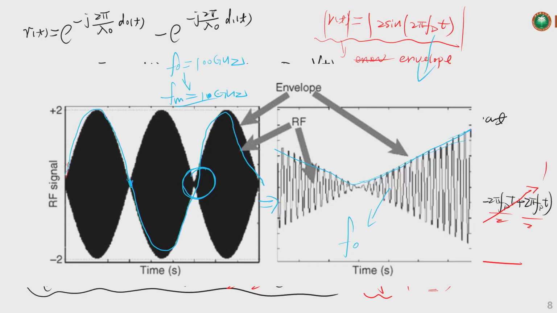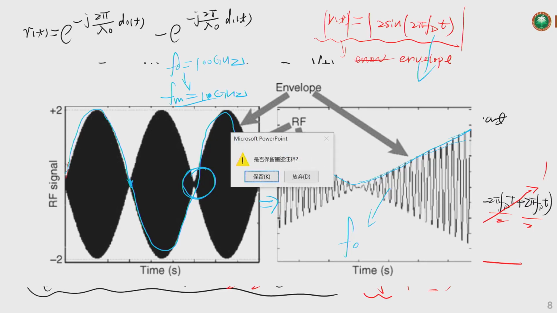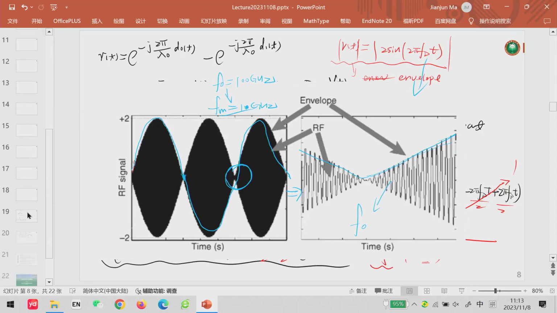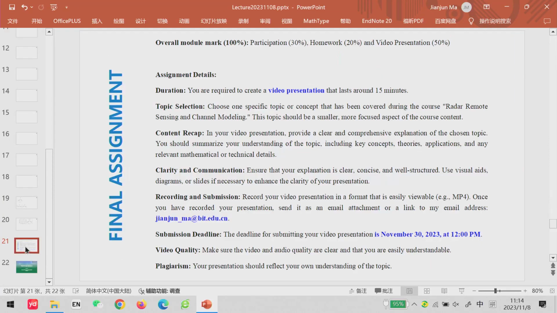If we have more rays, we should consider each of them and add them together to get the expression for the final phasor. So this is this part, and next I wanted to talk about the final assignment.